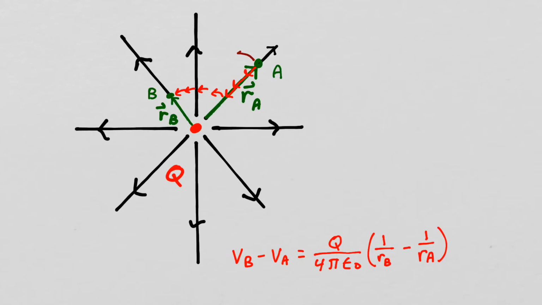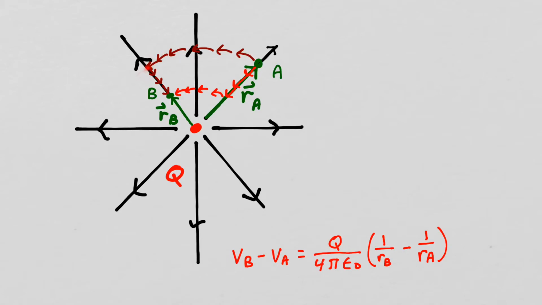Now let's first move in the theta and phi direction as shown here, and then just move in the radial direction to get to point B. We start out moving perpendicular to the electric field, so we do no work along this path here.